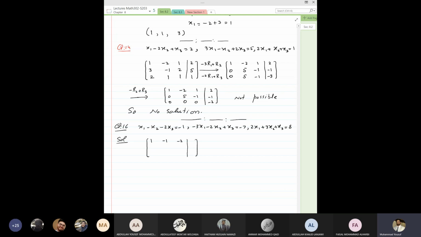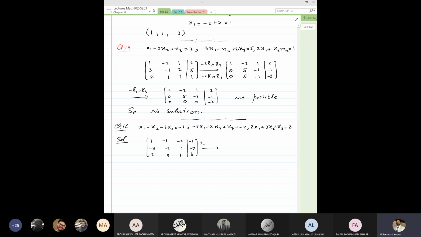By chance, the first equation has 1, -1, -2 equal to -1. The second equation, whatever you like, let me say -3, -2, 1, and -7. Then 2, 3, 1, 8.